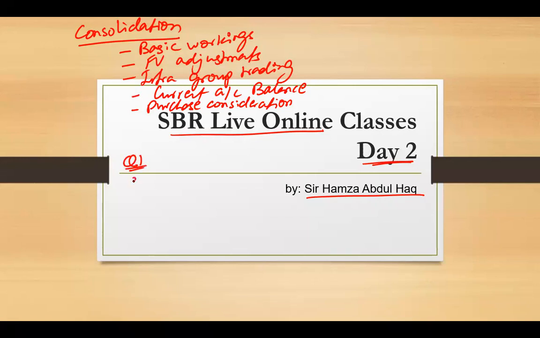Normally when we talk about the question, in question number 1 you are going to have part A, 1 and 2, which is going to relate to the area of consolidation.